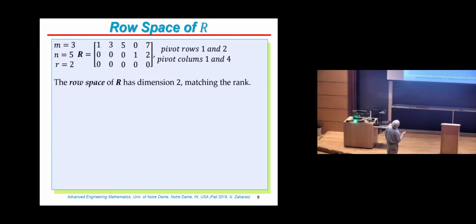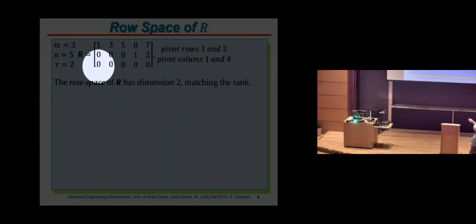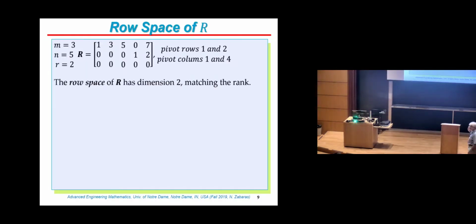So we need to discuss the row space. What's the dimensionality of the row space here? How many independent rows do we have? 2, all right? And immediately this comes up in the R matrix because you can see the zeros have achieved eliminating completely the rows that are combinations of the previous rows, right? And we always put the zeros on the bottom.